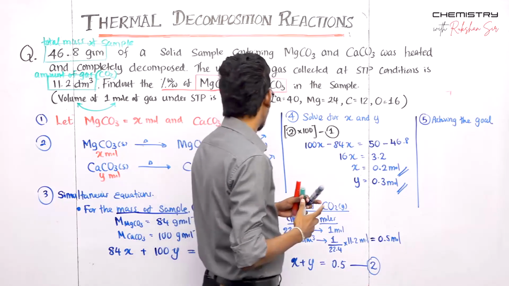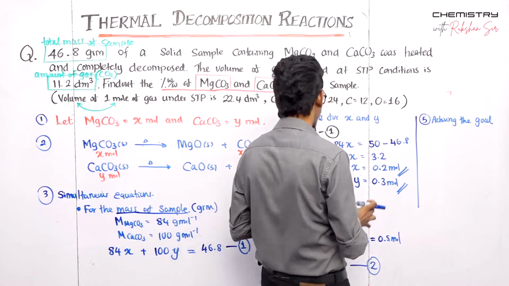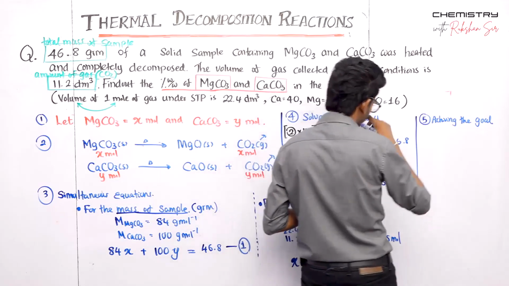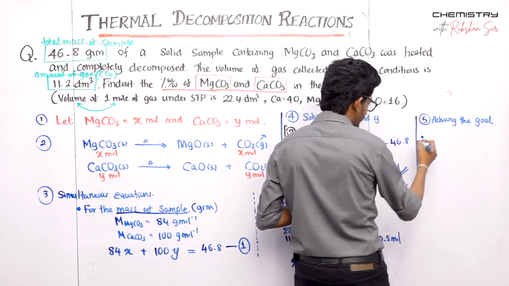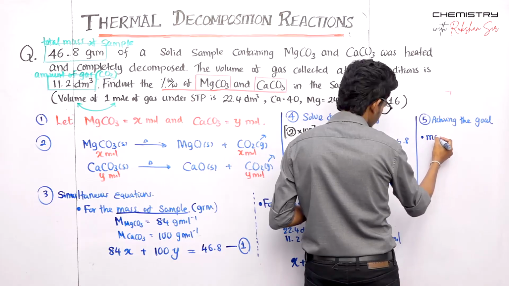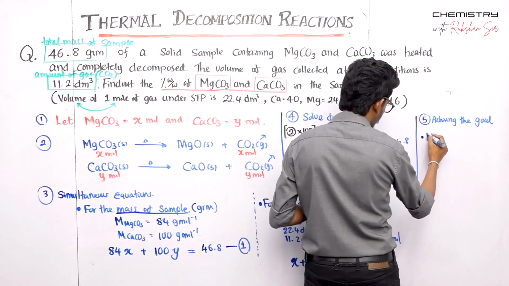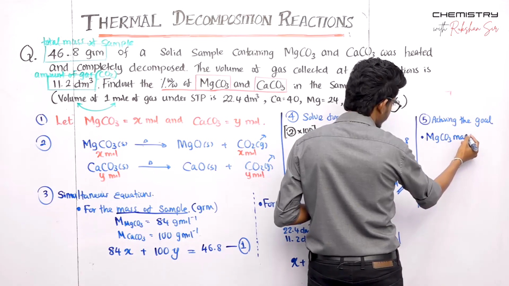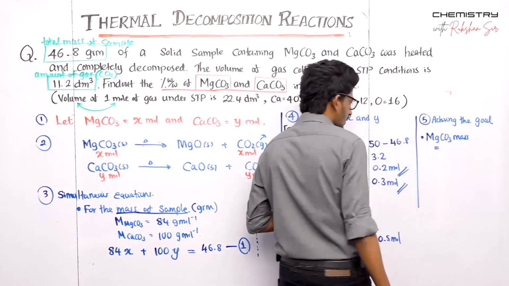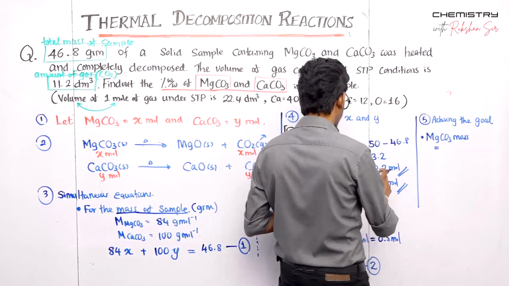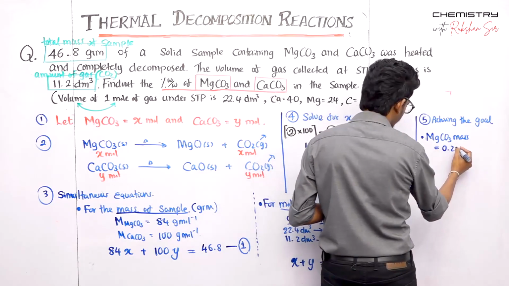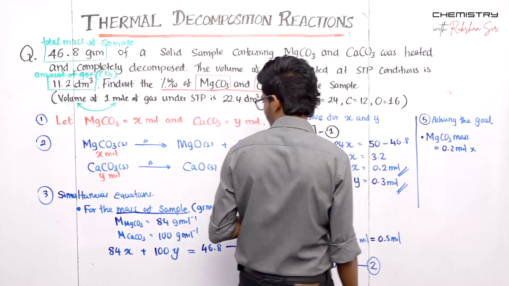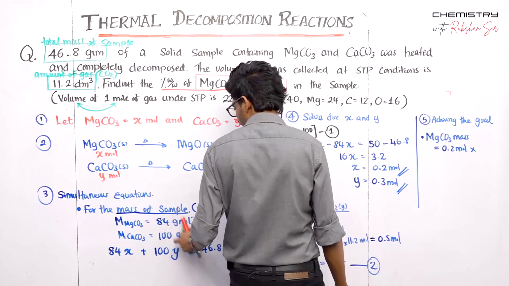Achieving the goal. So now we know the number of moles, so we can come up with the mass of magnesium carbonate. That is equal to 0.2 moles, and the g mole minus 1 value of magnesium carbonate is 84.